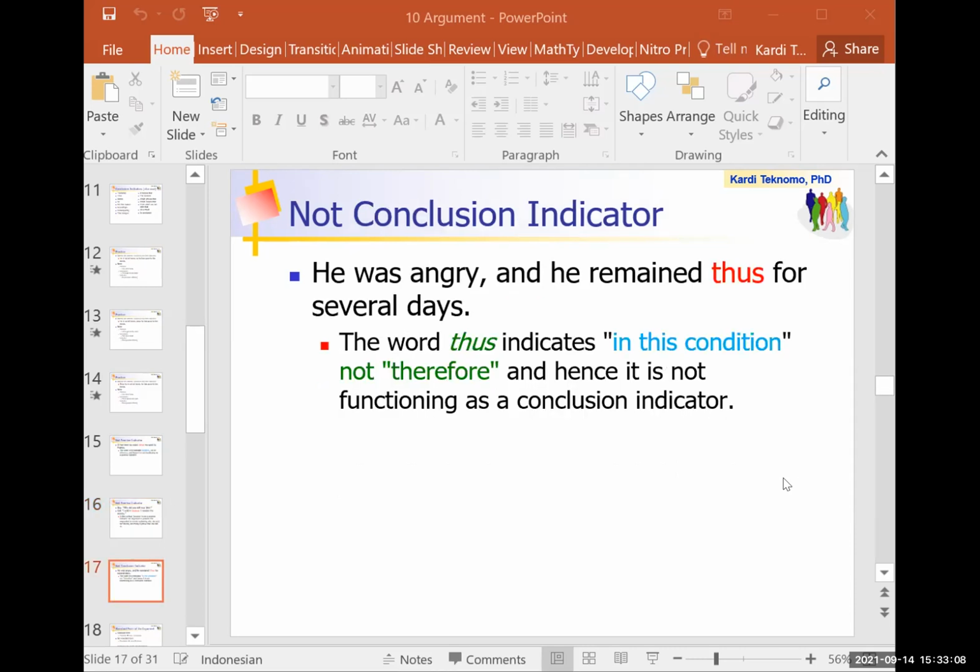The same thing here: he was angry and he remained thus for several days. The word thus here, this is an English problem. It indicates in this condition, not therefore, and hence it is not functioning as a conclusion indicator. So be careful with the English.